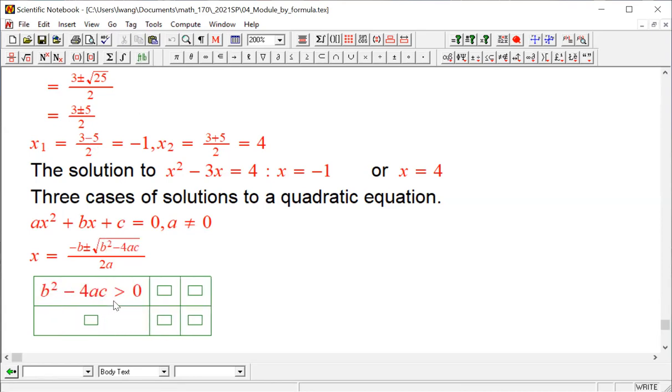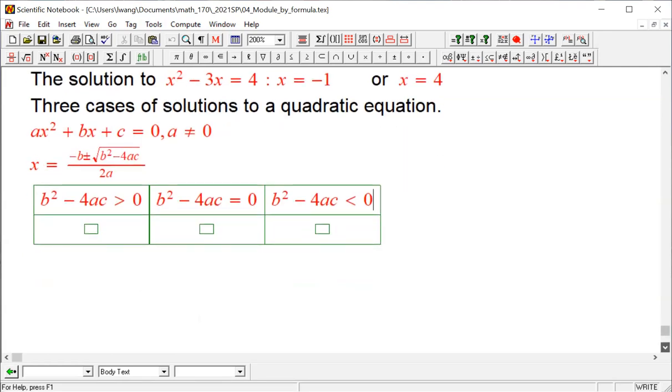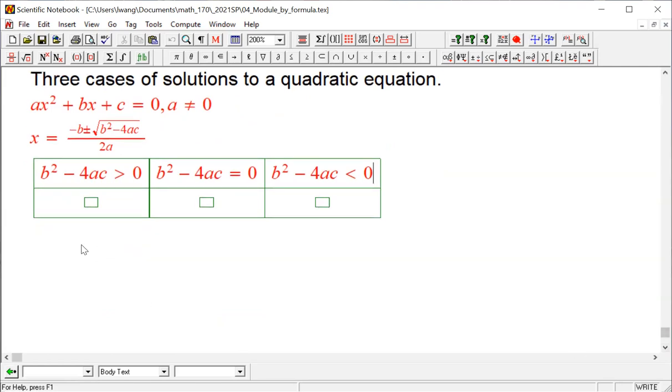One is greater than 0. One is equal to 0. And the other case is less than 0. What will happen if we have these cases? Okay, and so we're going to discuss these 3 cases.